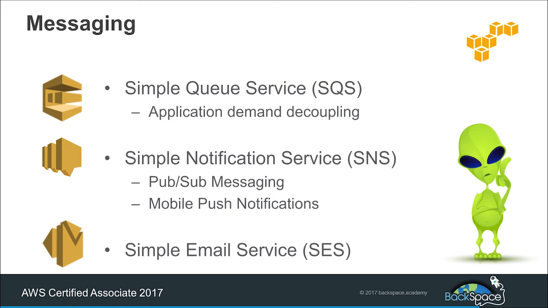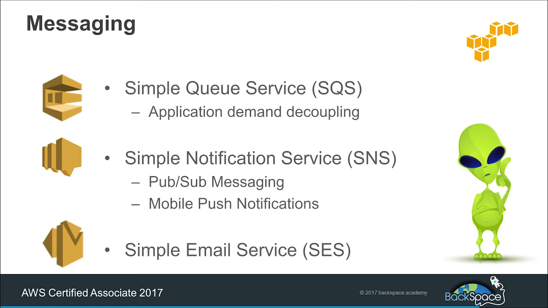So if that application all of a sudden receives a massive amount of demand, those requests for processing will go into the queue, and they will be built up in the queue until such time as our processing server is able to process that and reduce the queue size.